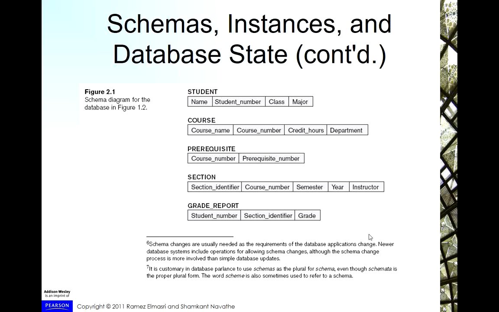It could include the relationships between these entities represented by lines or arrows, and also relationship names, and if there are any constraints, you can include them in the diagram. But this is a simplified example of a schema diagram for a college database.